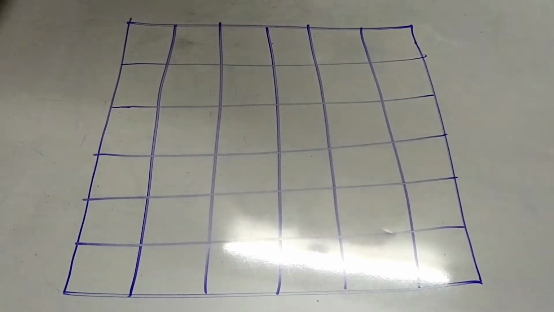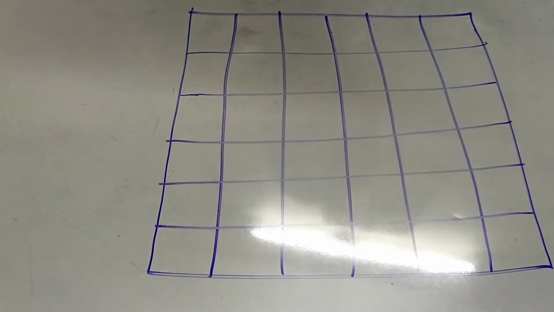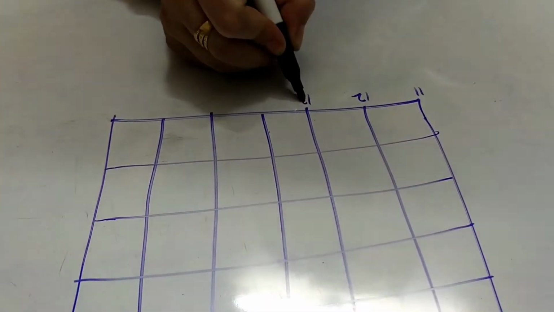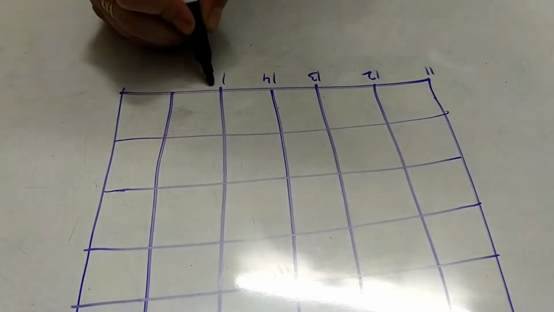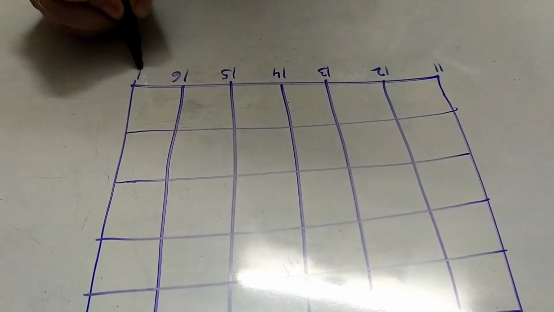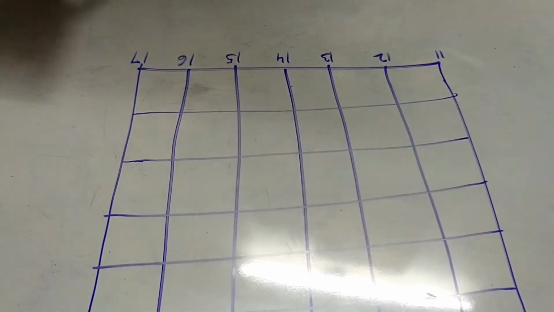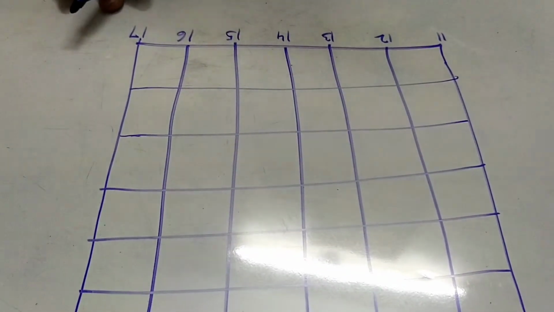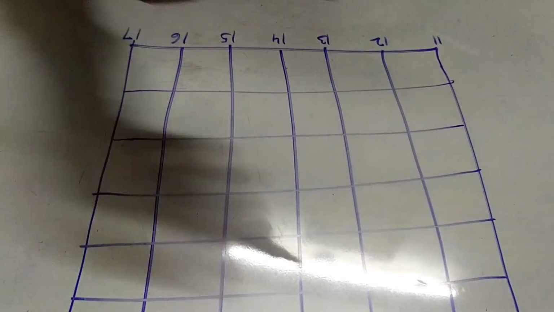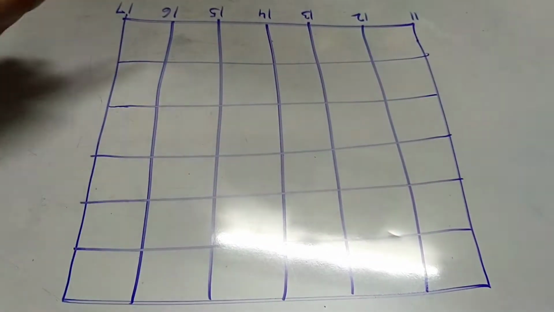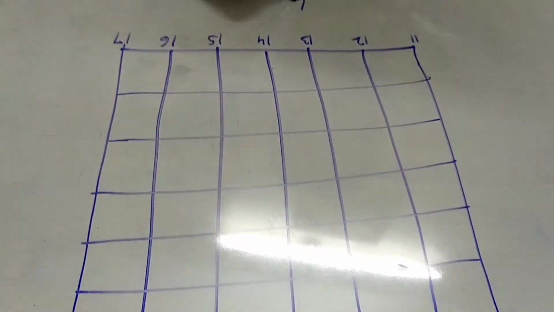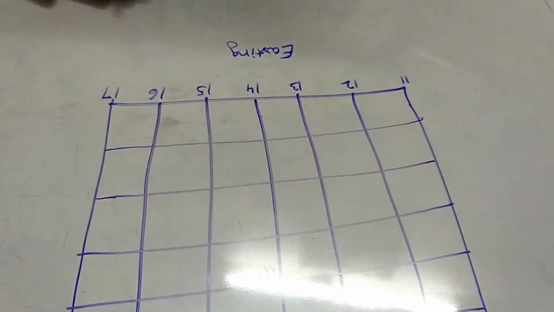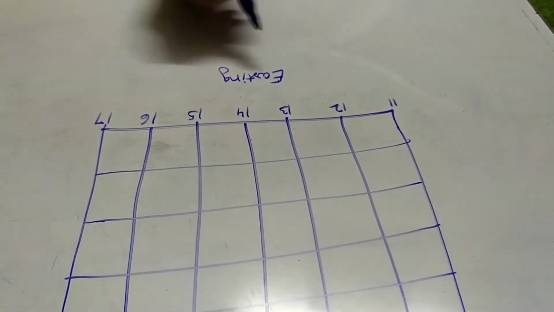First of all, let us name them like 11, 12, 13, 14, 15, 16, 17. It is a random name. And again, these vertical lines are called easting. Why are these called easting?